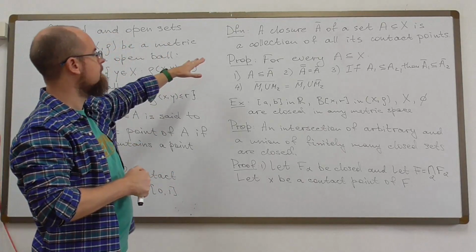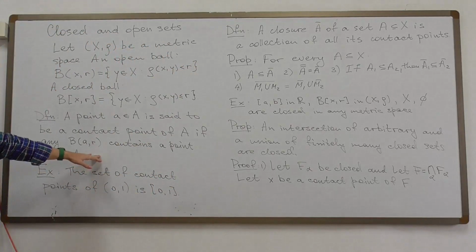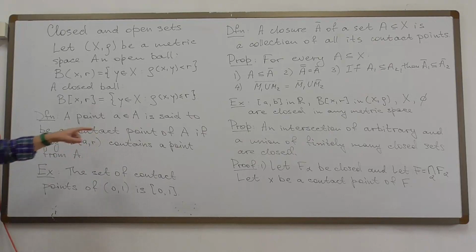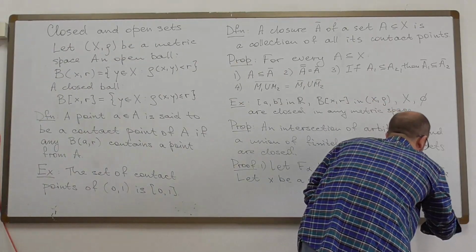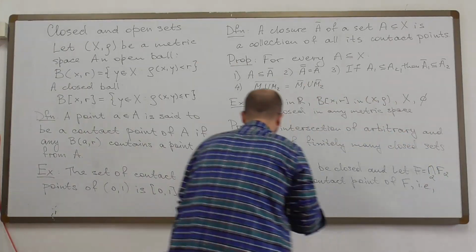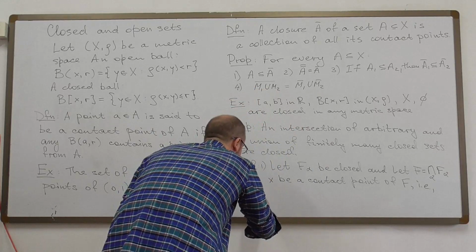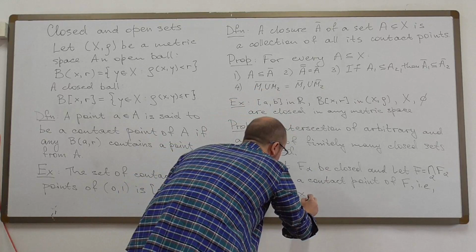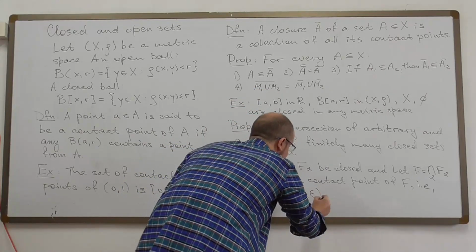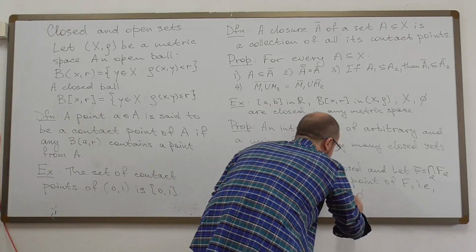By definition, it means that any ball centered at x intersects F. For every epsilon greater than 0, the ball of radius epsilon intersects F.